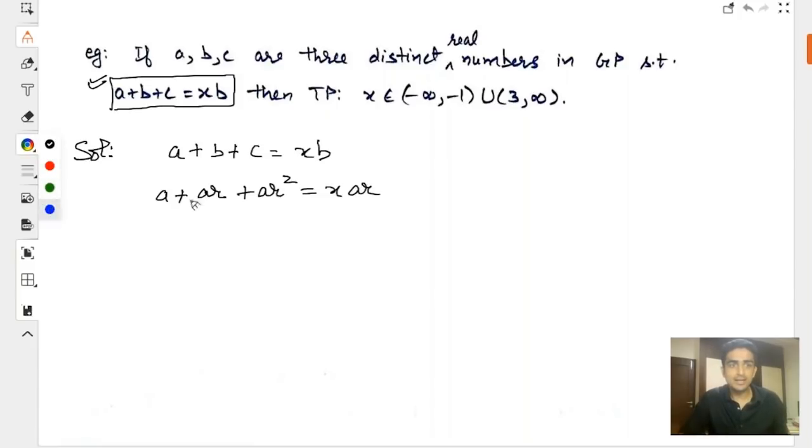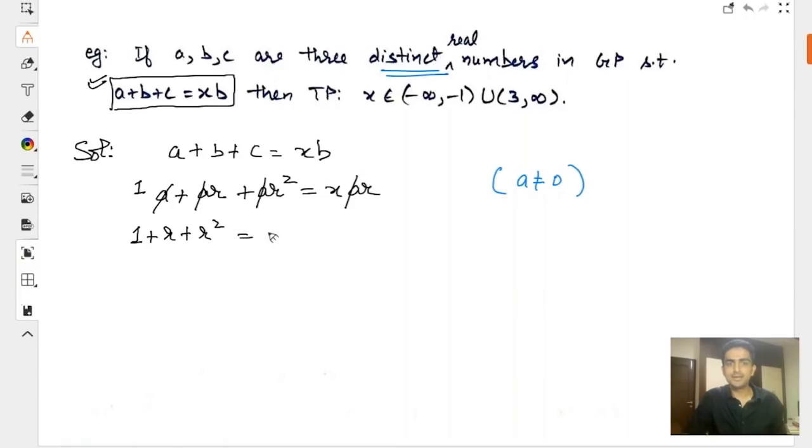Now clearly A is not equal to 0 because they are distinct real numbers. If A is 0, A, B, C all will be 0. So A cannot be 0. So certainly we can cancel it. So we get 1 plus R square equal to X into R.